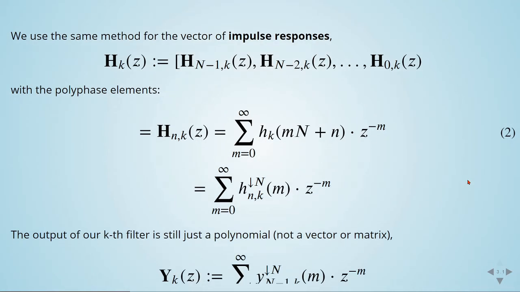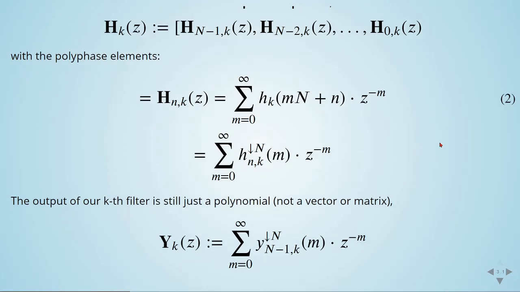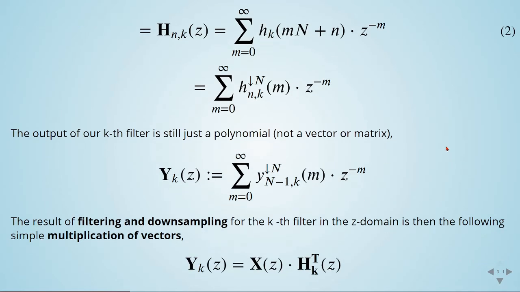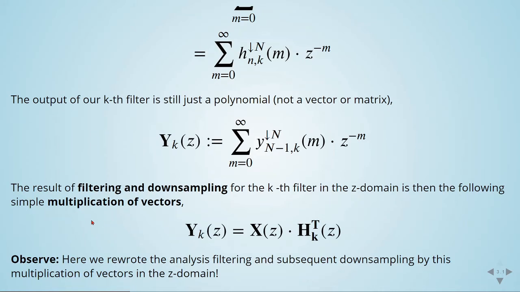And the output of our k-th filter is still just a polynomial, not a vector or matrix, given here. The result of filtering and downsampling for the k-th filter in the Z domain is then the following simple multiplication of vectors.